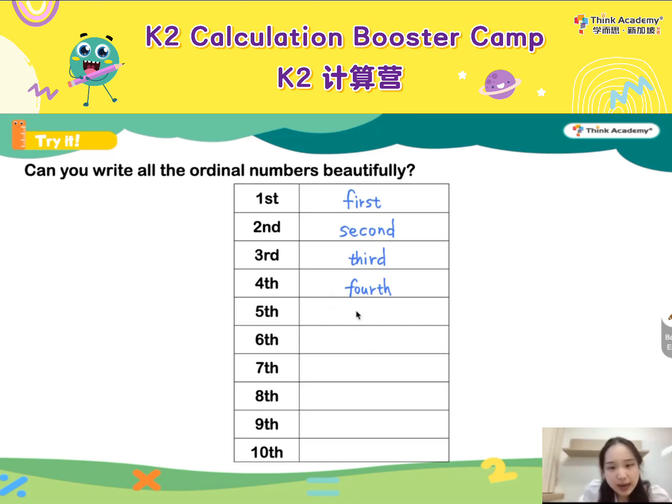It is spelled F-I-F-T-H. For 6, just first spell the word 6, adding TH. 7, just spell the word 7, and then adding the little tail as TH.